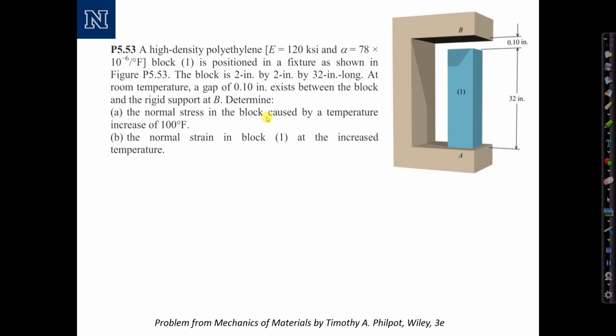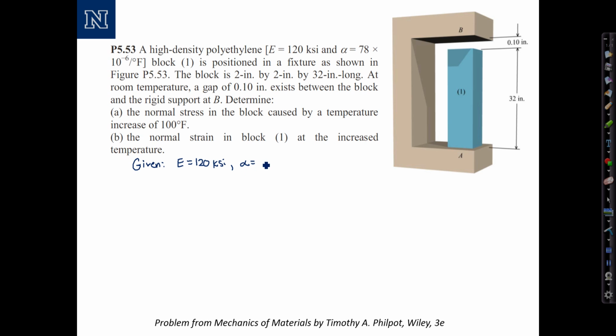This problem is relatively simple, provided that we can recognize the compatibility consideration and write a compatibility equation. Let's go ahead and summarize the given information, synthesize what was written in the text. Our givens are elastic modulus of 120 KSI, and note that this is relatively small compared to some of the materials we're used to dealing with.